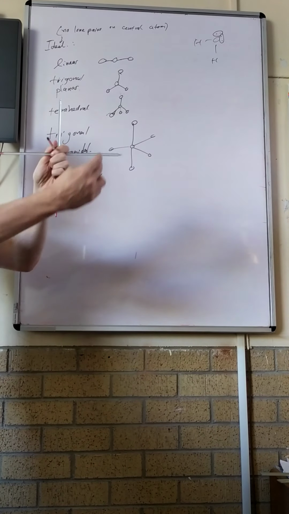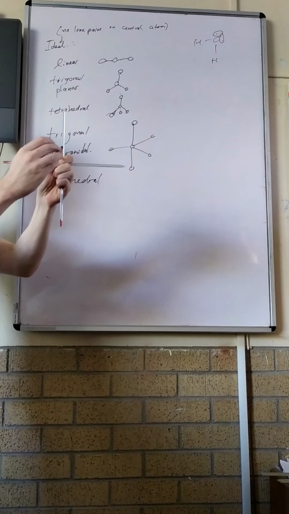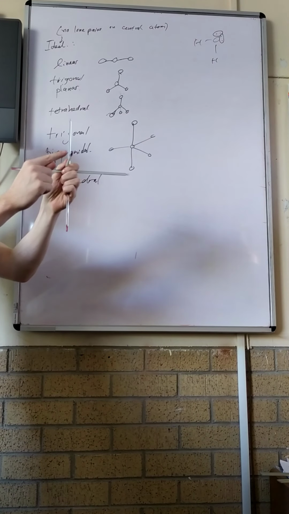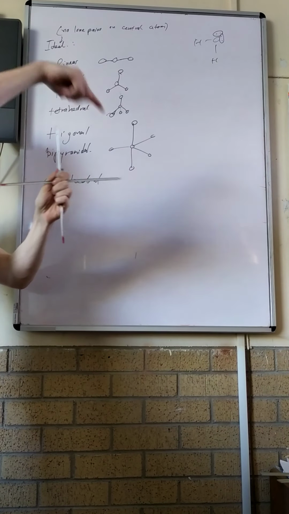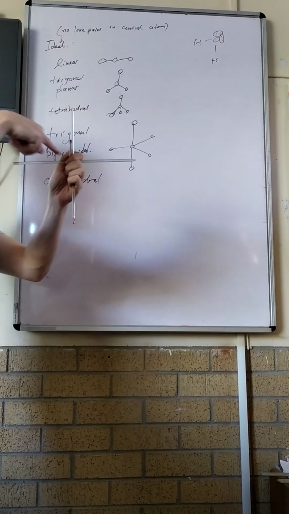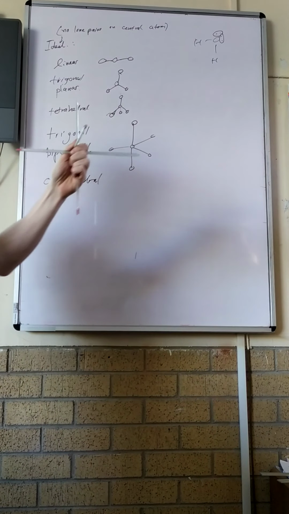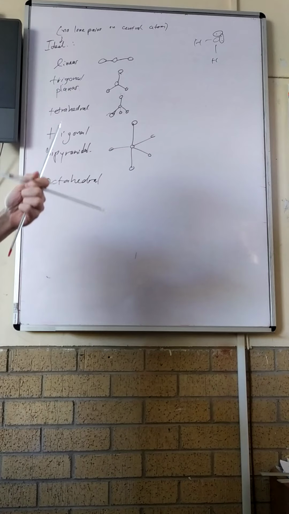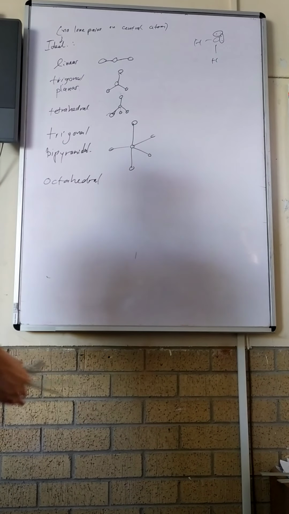Does that make sense to you? X-axis, y-axis, z-axis. Now imagine you put an atom there, and there, and there, and there, and there, and there, and in the middle. That's the shape. Octahedral. Easy.